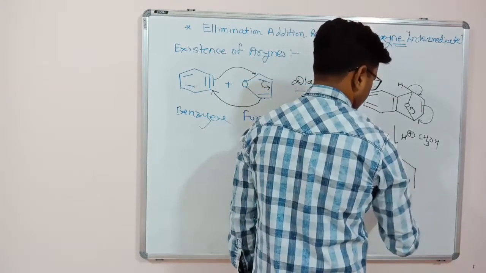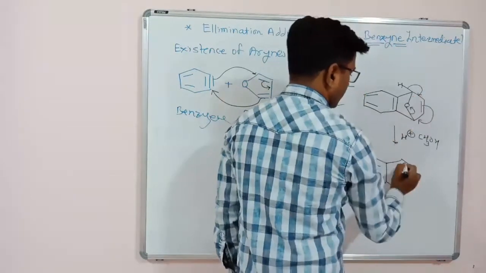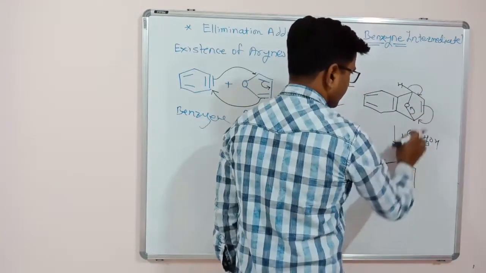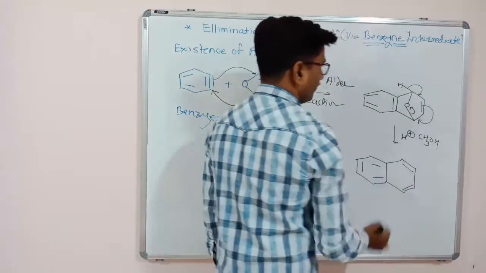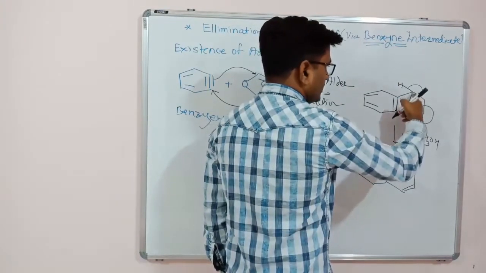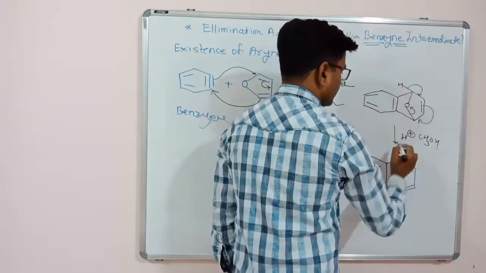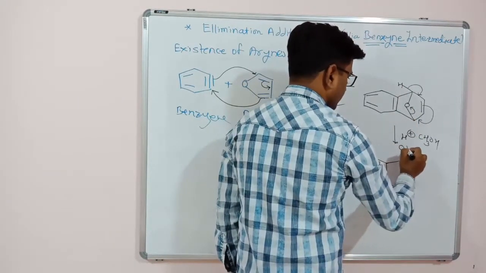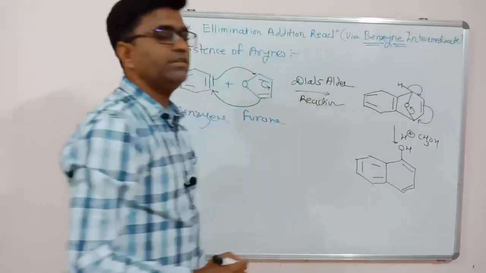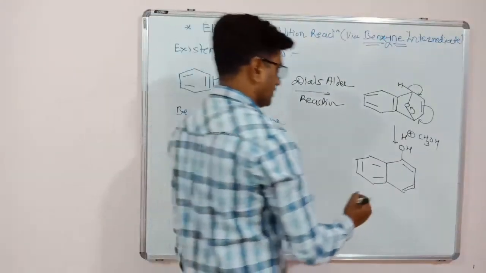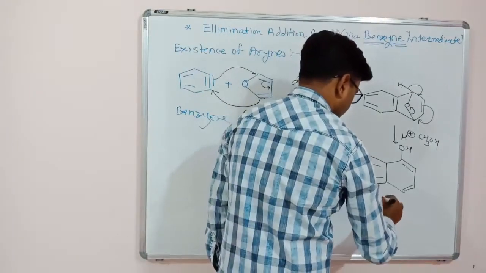See the structure of the product. Here is the pi bond, single bond, double bond. This carbon-oxygen bond is as it is. O minus forms a bond with this H. So what we will get? The phenol. This structure is called alpha naphthol.